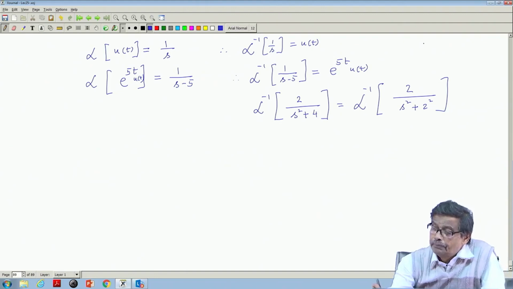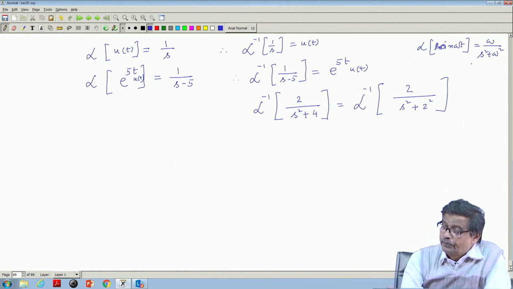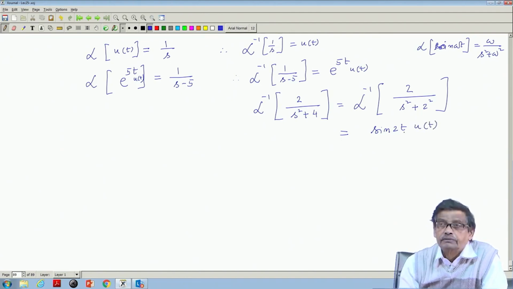Now, I know the Laplace transform of sin omega t is equal to omega by s square plus omega square. Therefore, you just match these two and say that the Laplace inverse of this quantity is nothing but sin 2 t into u t, that is all.